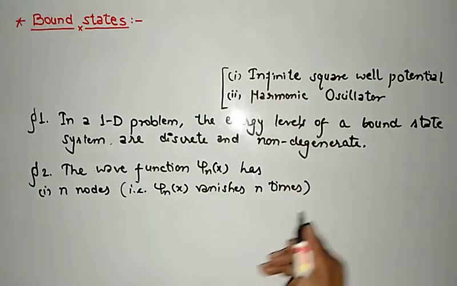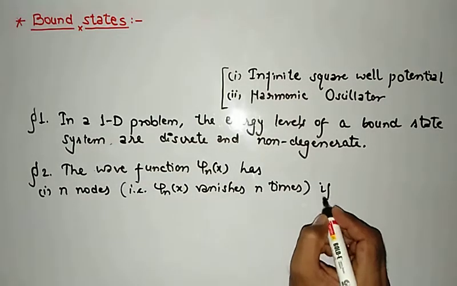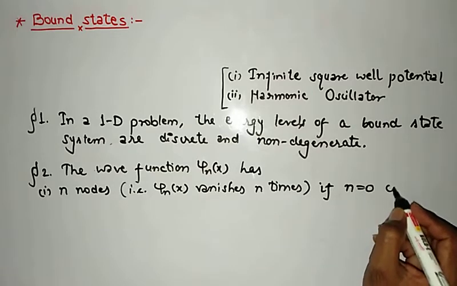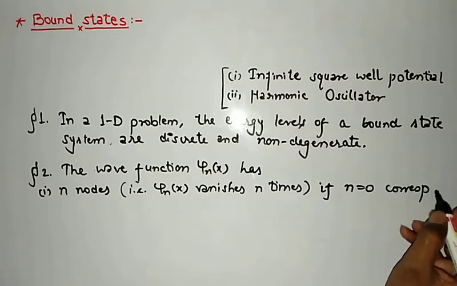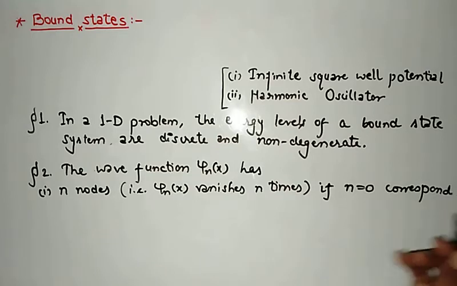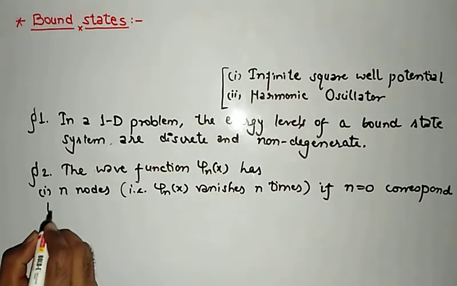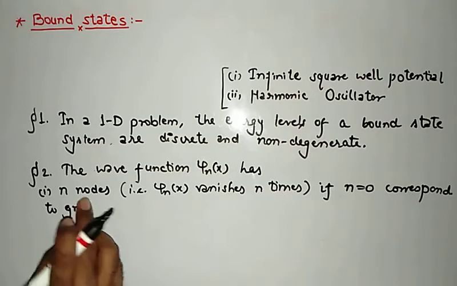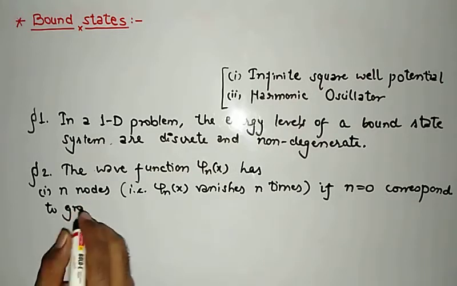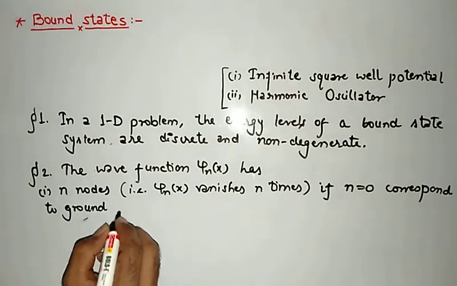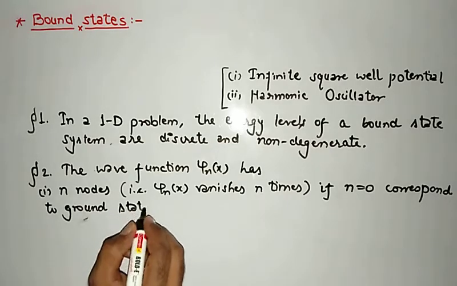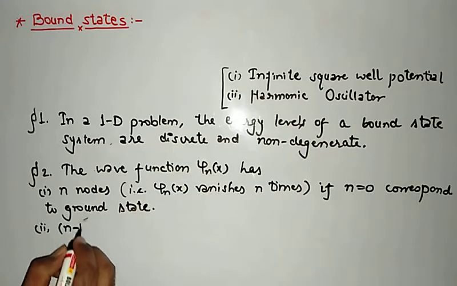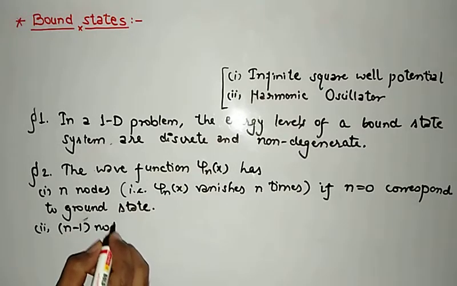If n is equal to 0, it corresponds to the ground state. And this will be n minus 1 nodes.